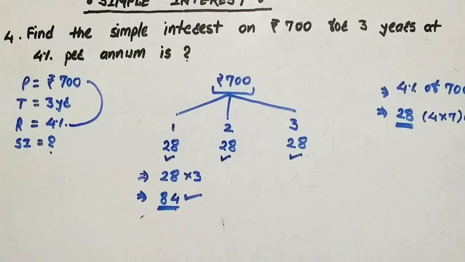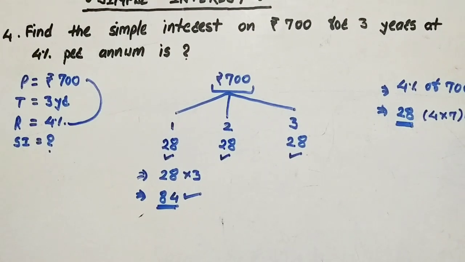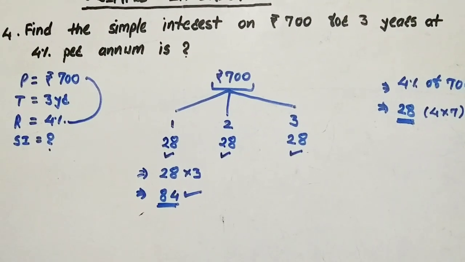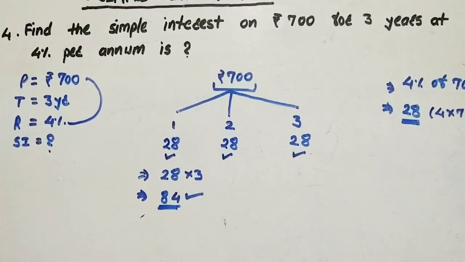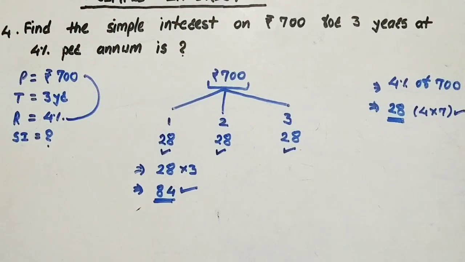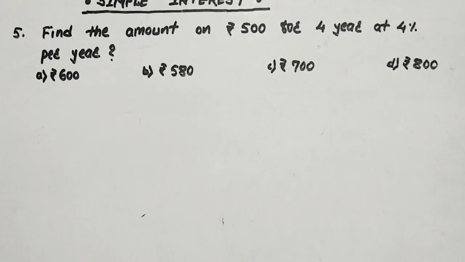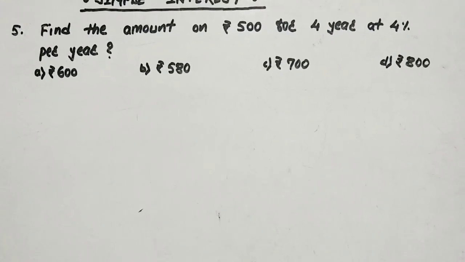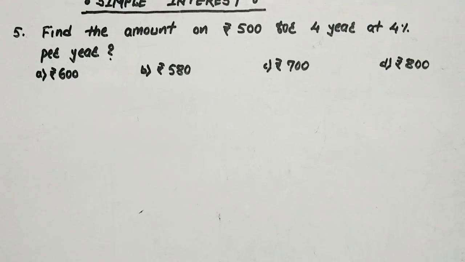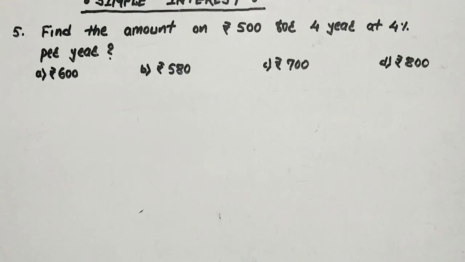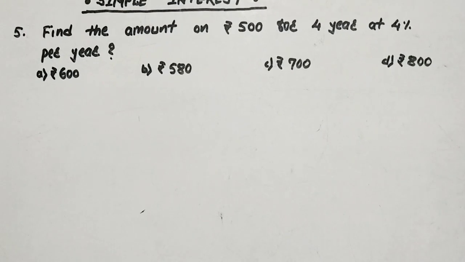I think practice of this type of question is enough, so we move on to the next type of questions. So example number 5: find the amount on rupees 500 for 4 years at a rate of interest of 4% per year.